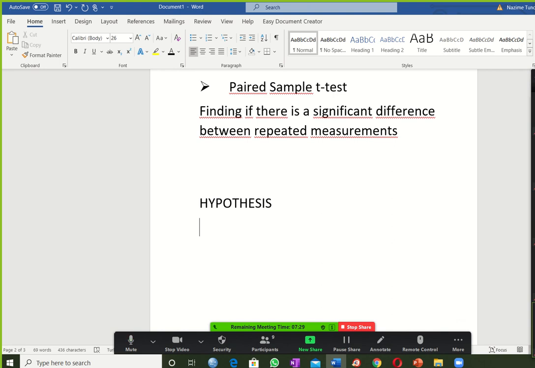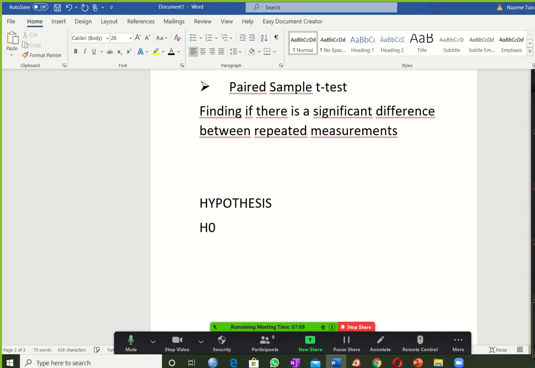So writing the idea, the statistical way of expressing what is in our mind, is the hypothesis. We express ourselves in sentences. There are two hypotheses, by the way.